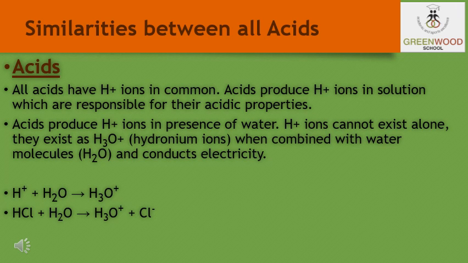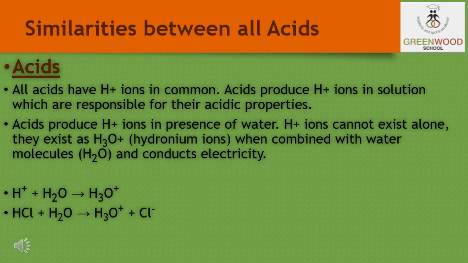Another important characteristic is that acids in water solution conduct electricity. The conduction of electricity through a solution can take place only if ions are present in the solution. This shows that acids, when dissolved in water, produce hydrogen ions.